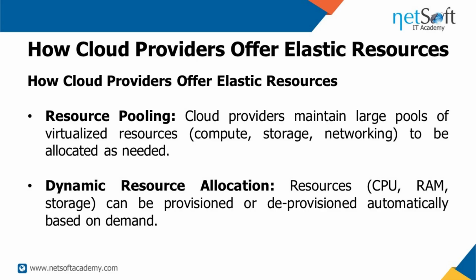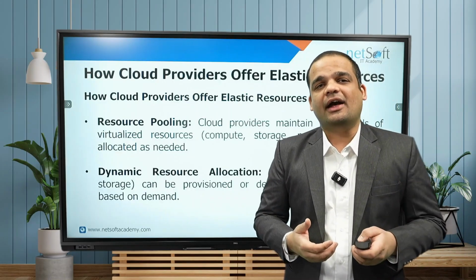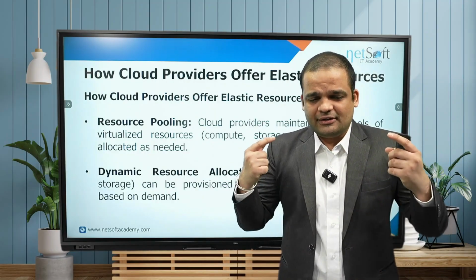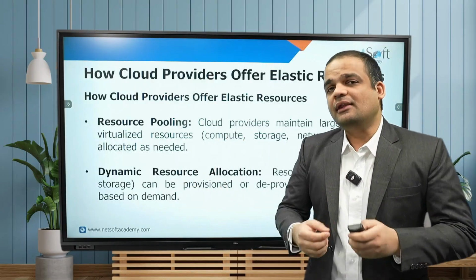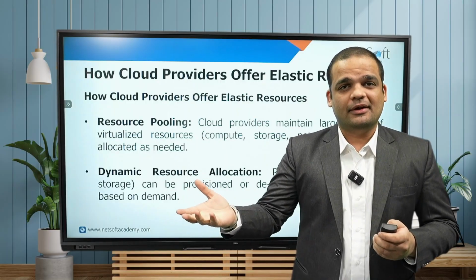Cloud providers maintain large pools of virtualized resources. These resources can be virtual compute, virtual storage, or virtual networking that can be allocated as needed to different customers. So think about it in this way, that they have huge buffers of resources, and then they can allocate them very fast to the users.